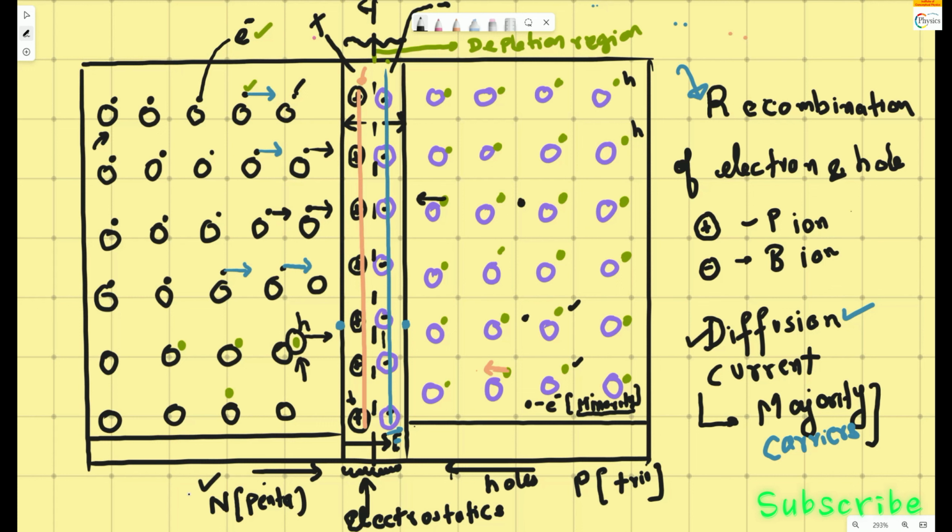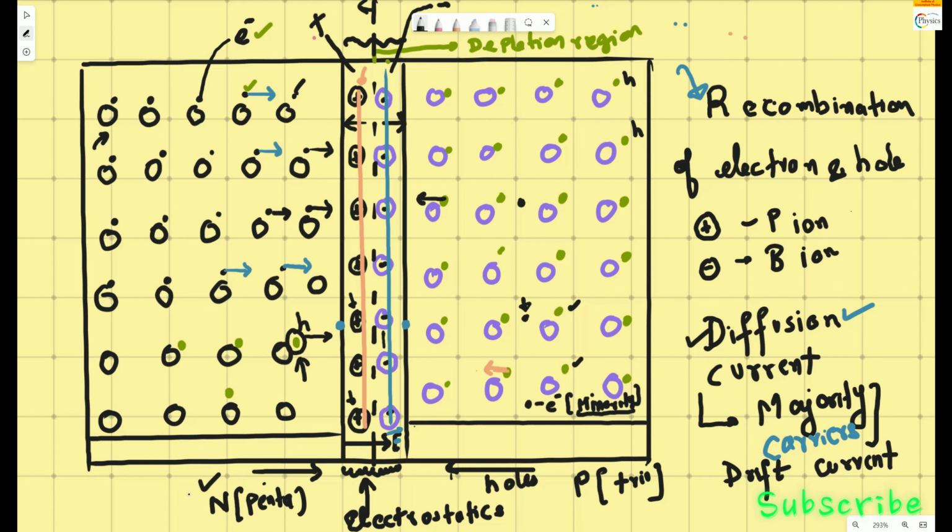So the holes are getting attracted to the negative side, and the electrons on the right hand side, which are in minority here, are getting attracted to the positive electrostatic charge here. This particular current, which is created because of the minority charge movement, is called the drift current.